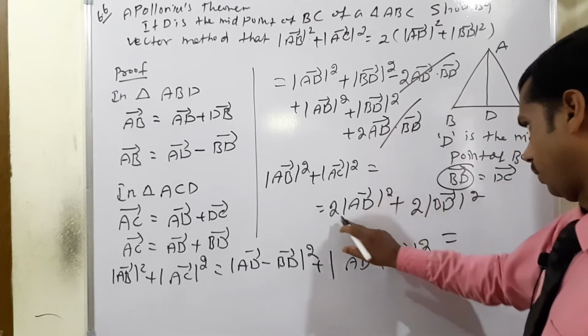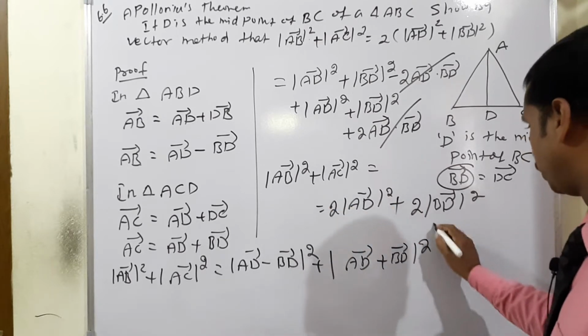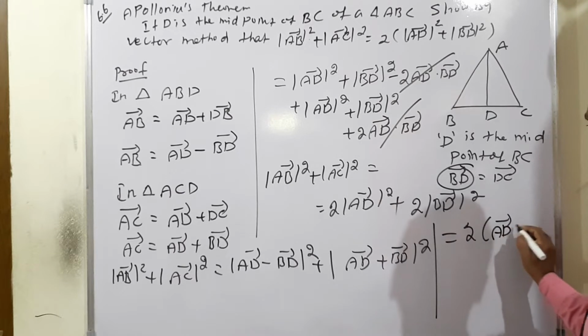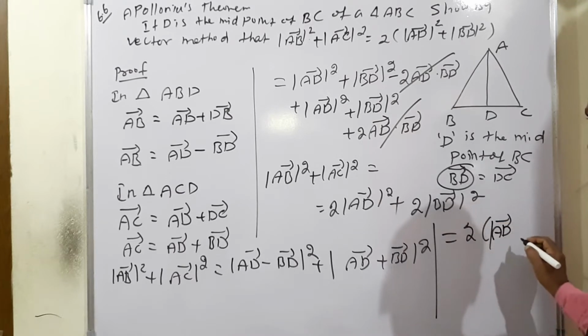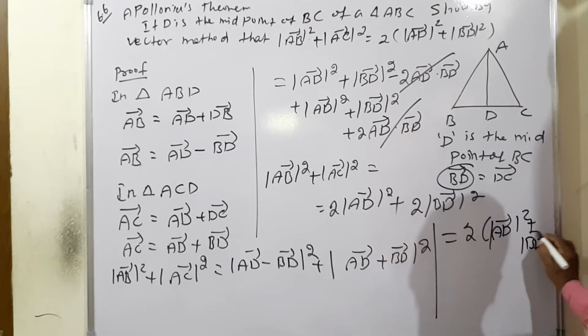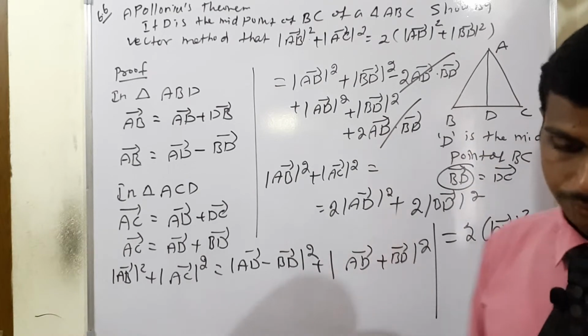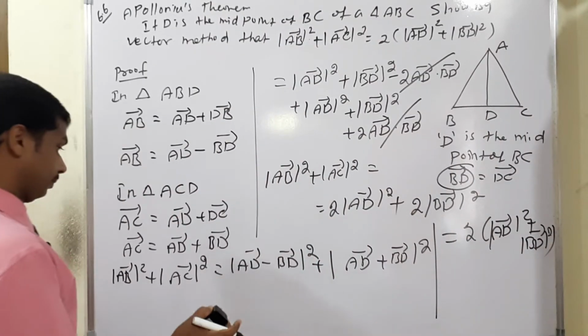Taking 2 common outside, we get modulus of AD vector square plus modulus of BD vector square. This is what we need.